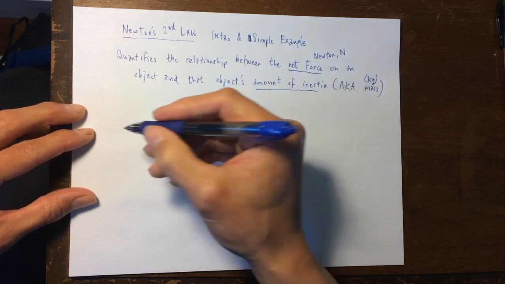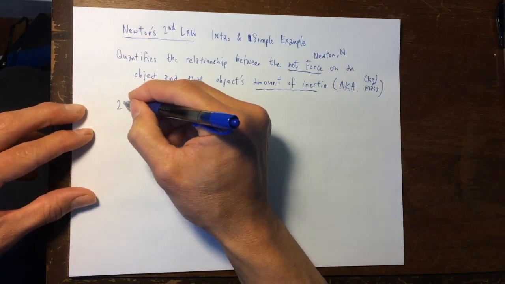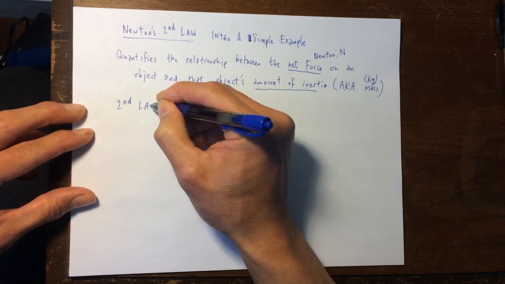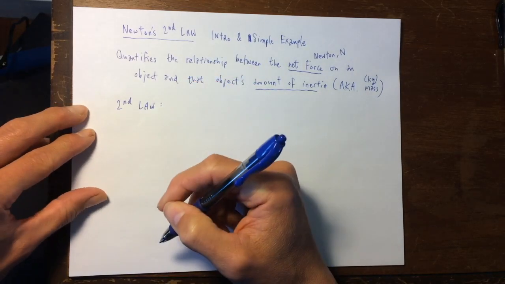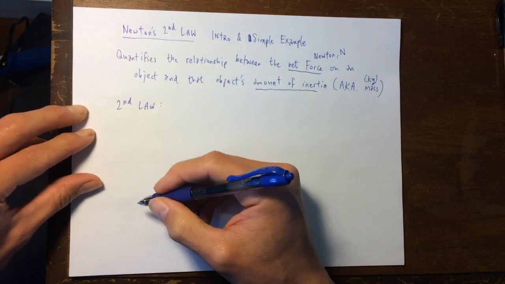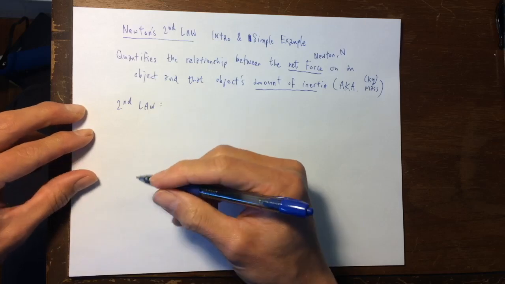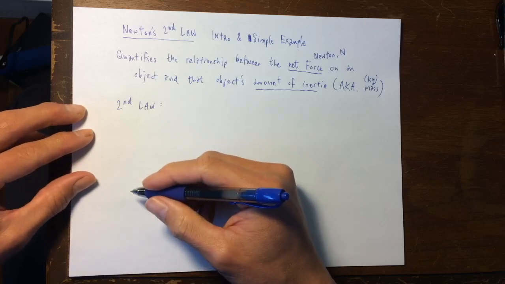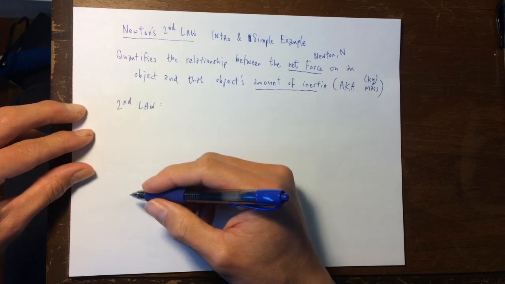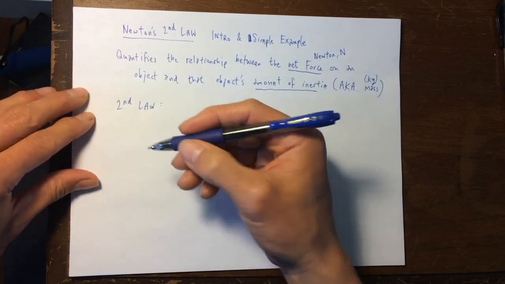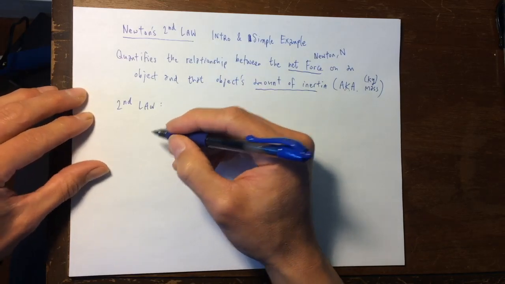All right, so the way Newton writes down the second law, it's actually using arguments of proportionality, and it's pretty amazing how simple this way of thinking about motion is. Newton's super smart.